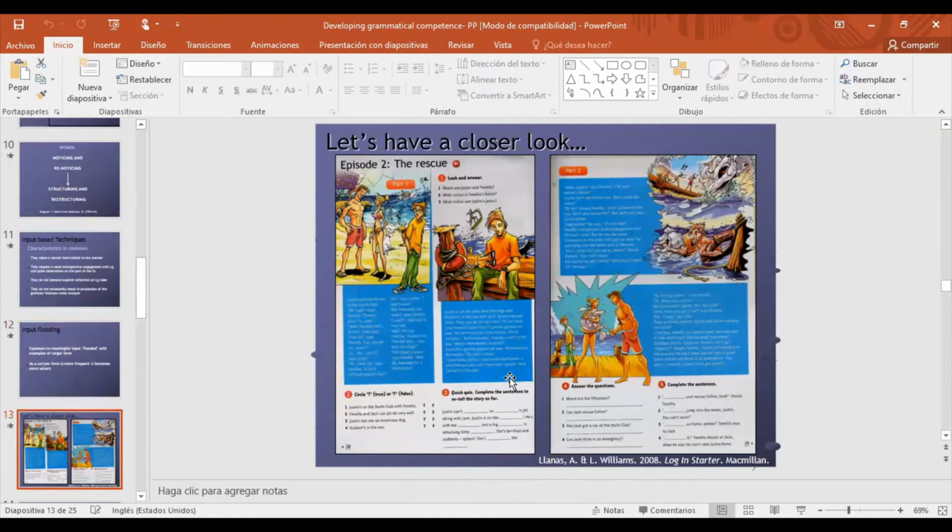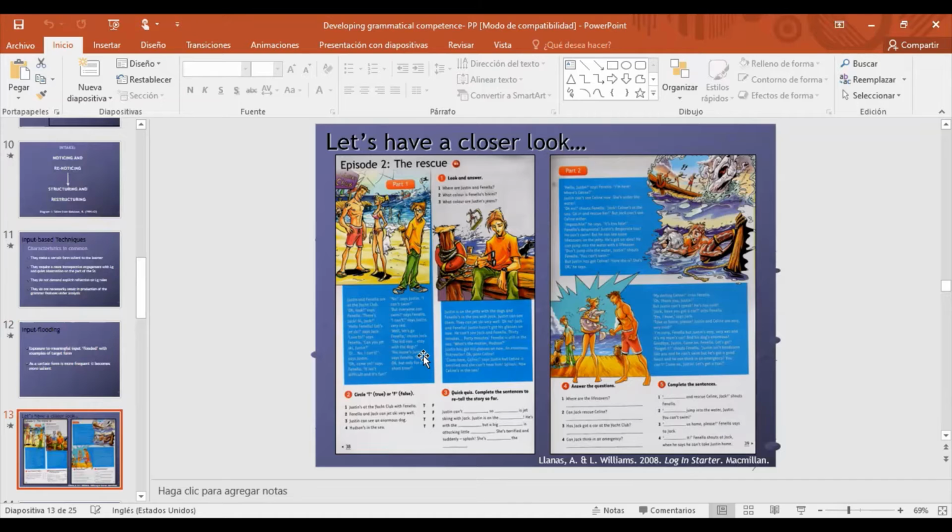There are some examples here that I don't know whether we are going to have time to analyze, but if you get the presentation later on, you may have a look at these different activities and you will realize what input flooding stands for.